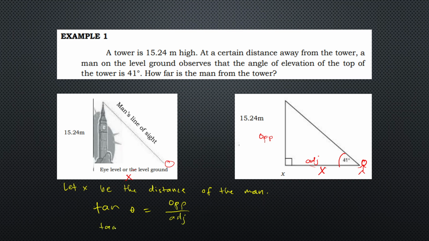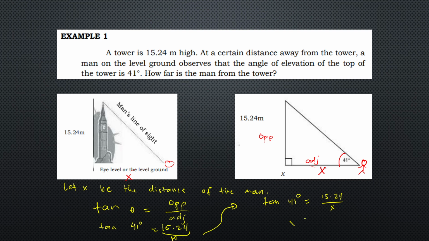Then simply, tangent 41 degrees equals 15.24 over x. I'll rewrite it here. Tangent 41 degrees is equal to 15.24 over x. There's no need to write the unit, but if you want to, it's possible.